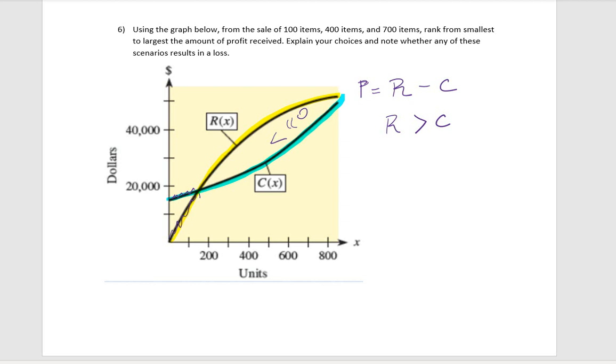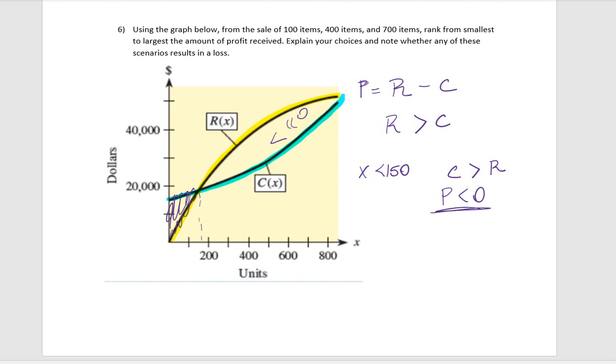So when x is less than 150, our cost is going to be more than our revenue. That's not good, because it means our profit is going to be less than 0. That means we're going to have a negative profit.